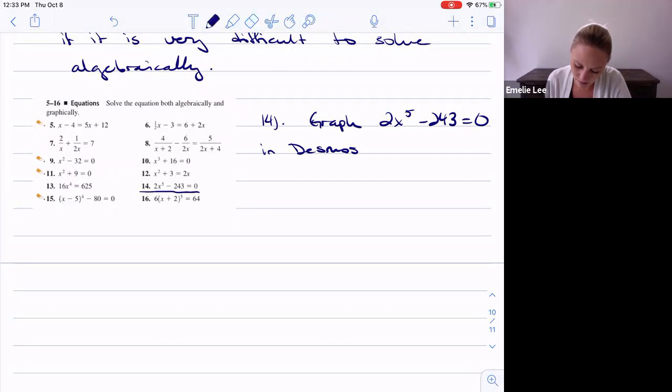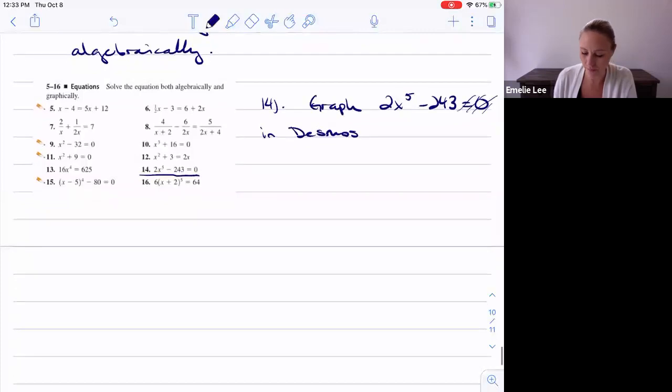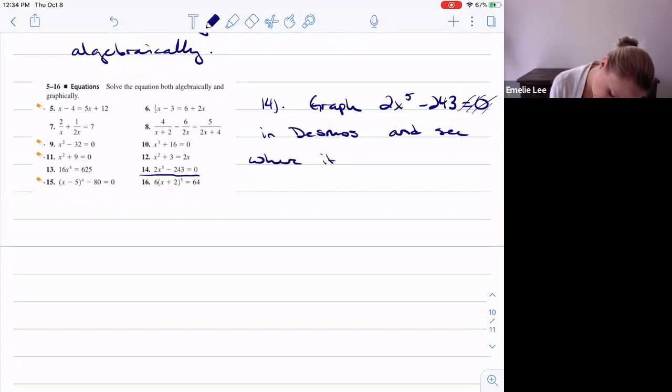Actually, don't put the equals 0. You'll see why. We'll try both. We saw it in that first problem that we did. So graph just the 2x to the 5 minus 243 in Desmos and see where it equals 0. Okay.